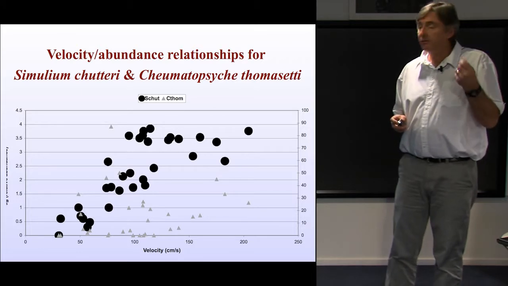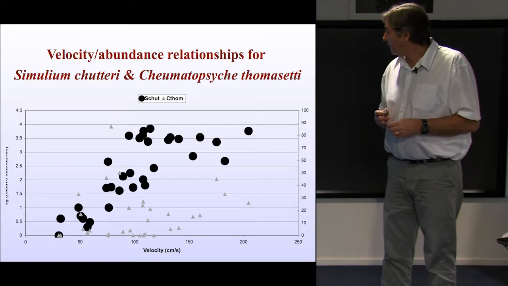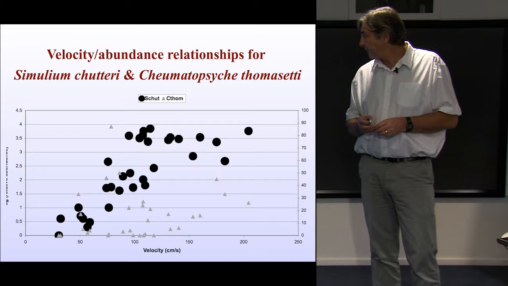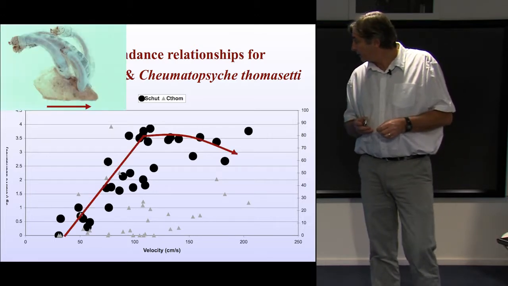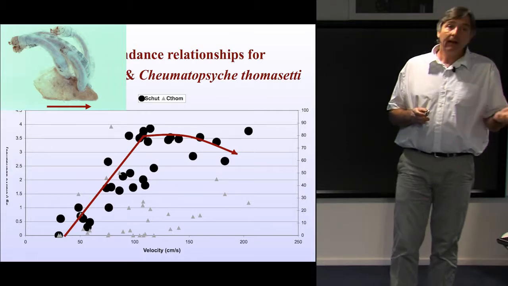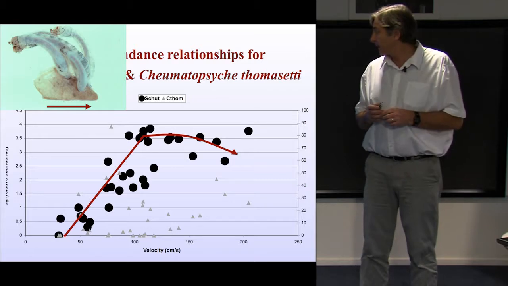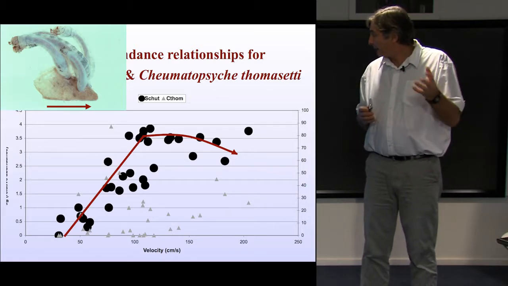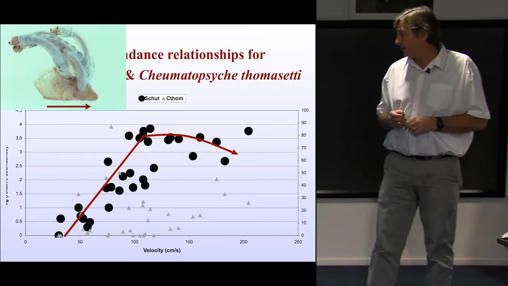Okay, similarly, you can use invertebrates. This one is the Simulium chutteri that I talked about before, and also Chimarra thomasseti, one of these net-spinning caddisflies which I've mentioned. If you look at Simulium chutteri, you can see the black dots indicating that up to velocities of at least a meter per second, the abundance is going to be greater and greater, and that after a meter per second, you're really getting a maintenance of the same sort of densities.